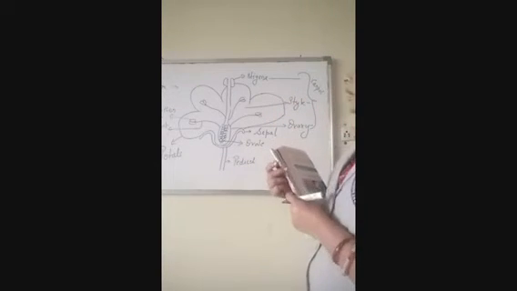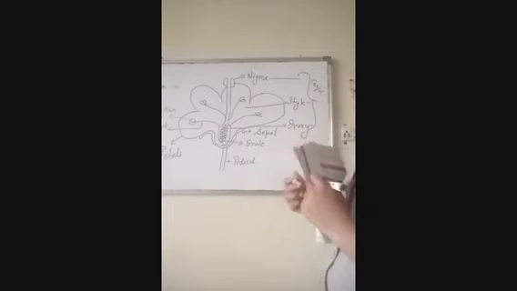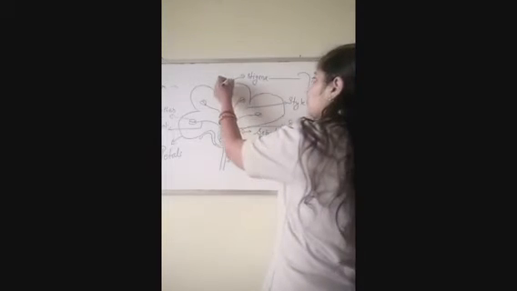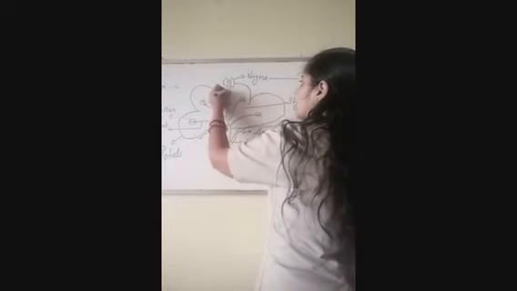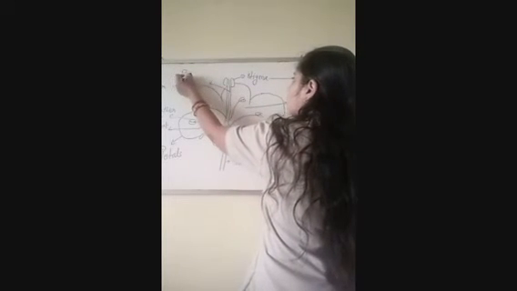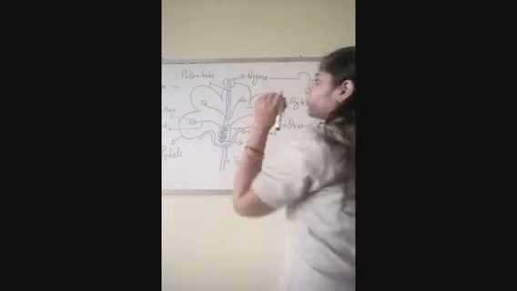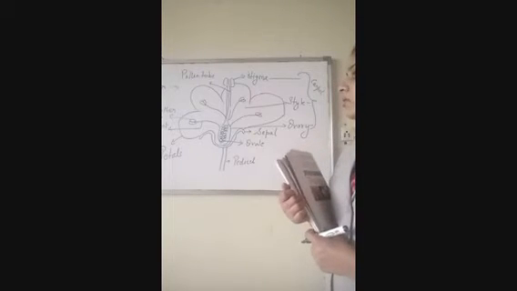So now we are again revising the parts of the flower. One part is left, that is your pollen tube. The tube which is present here, this is called your pollen tube. So these are the main parts of the flower.